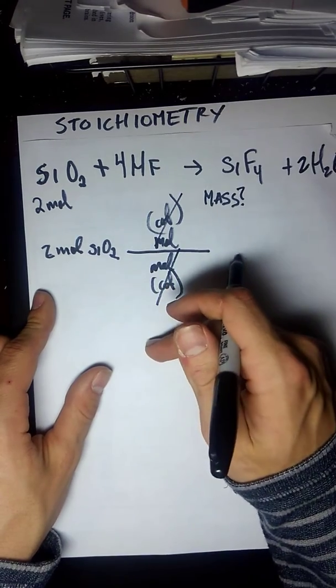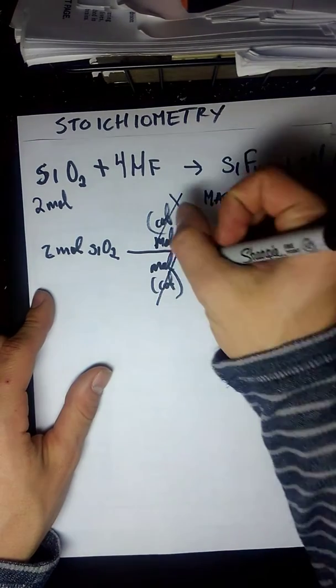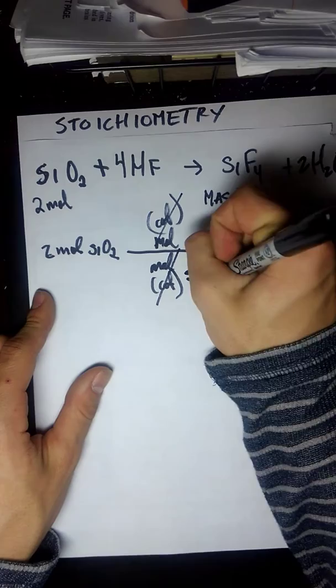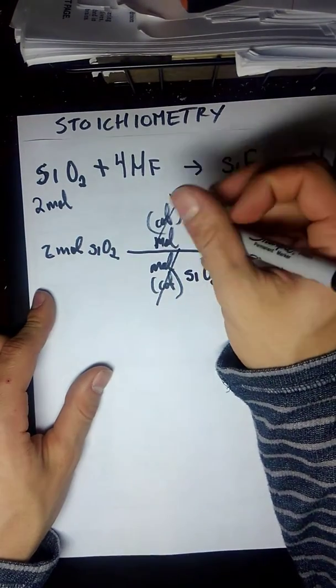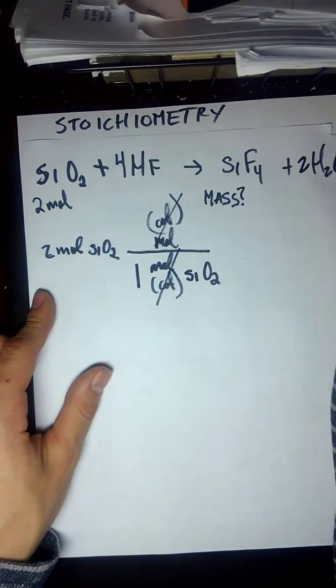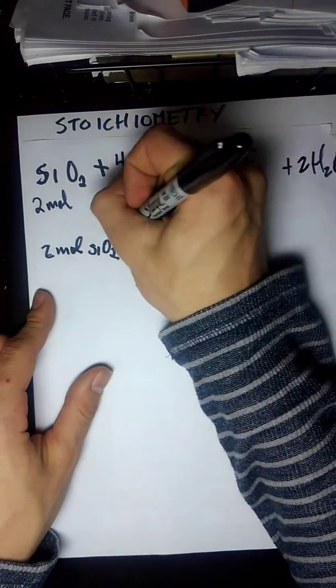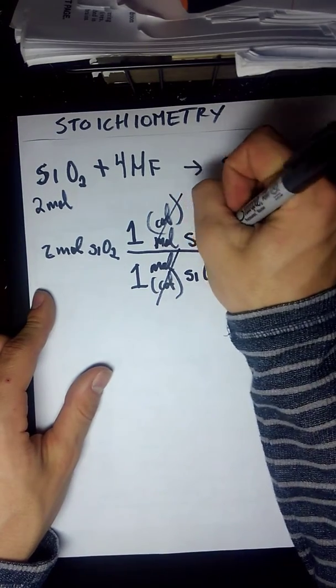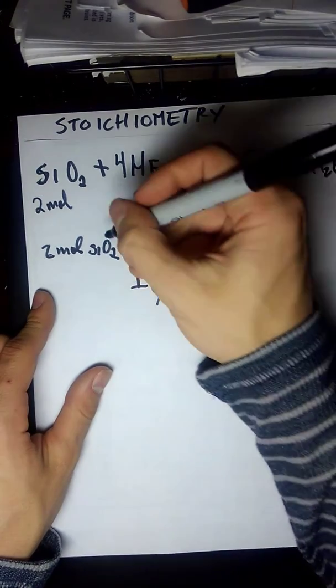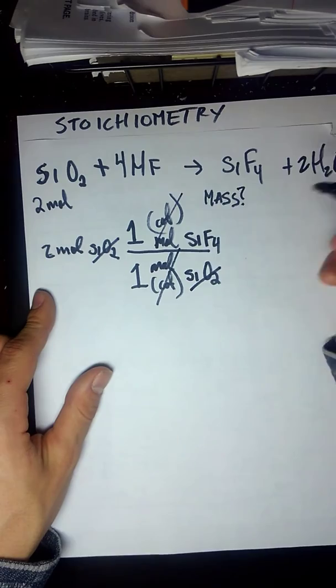This whole piece cancels, right? So I'm going to say this many moles of silicon dioxide, right? I have 2 moles of silicon dioxide. I have 1 coefficient of silicon dioxide, 1 coefficient of silicon fluoride, and I want to be left with silicon fluoride. So now dioxide's gone, okay?